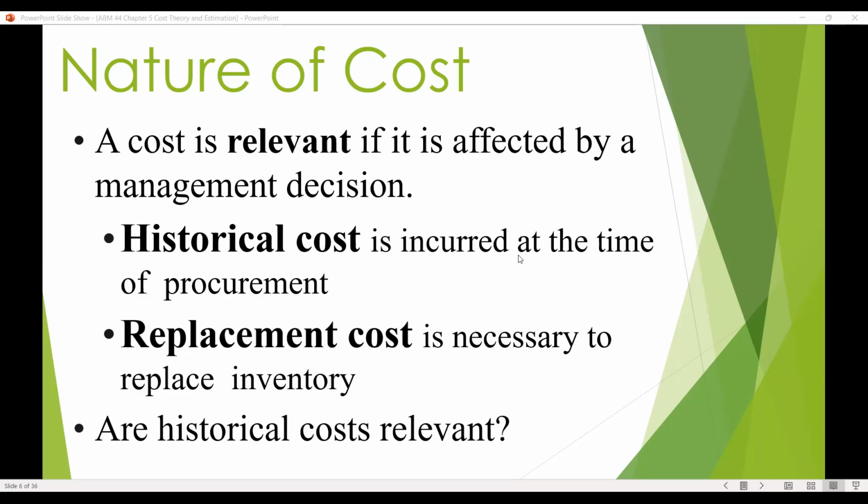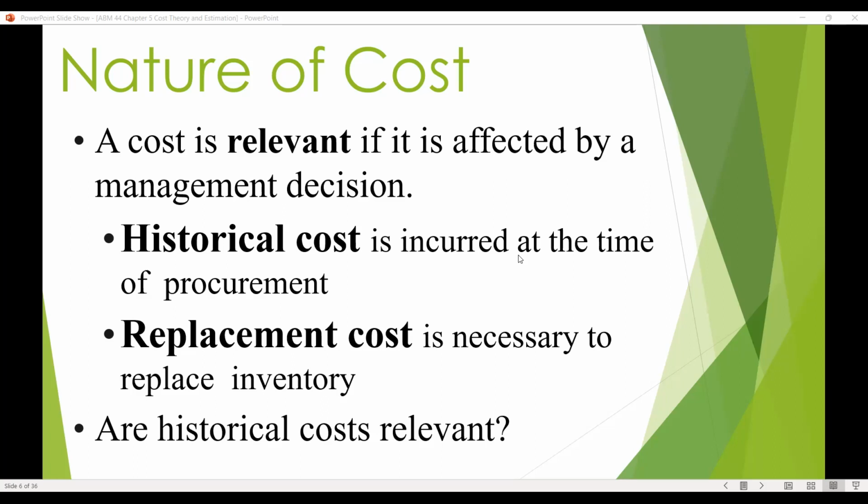While we have replacement cost, it is necessary to replace inventory. Replacement cost is for replenishment, for replacing or renewing. Replenish your inventory, so inventory should not be zero, for you to have enough products or goods to sell.